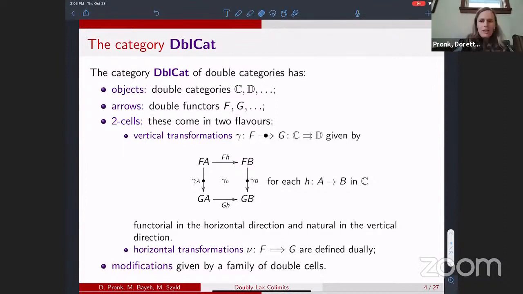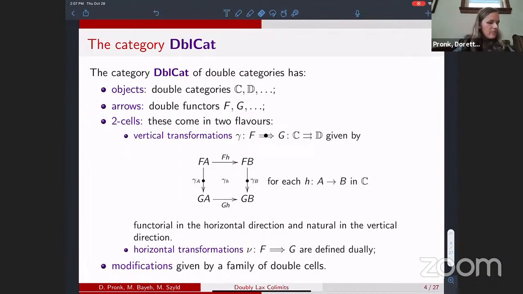We could make what we call vertical transformations, and they require us to assign to every object of the domain double category a vertical arrow, and then also a double cell for every horizontal arrow. So these always get kind of a flavor of being lax in the sense as you would think if this was an ordinary two category.